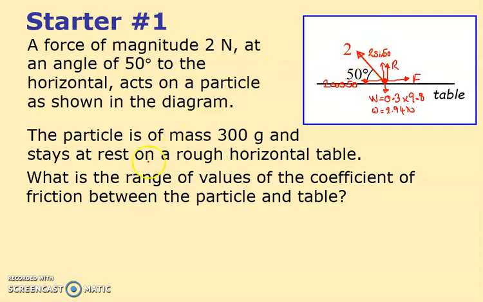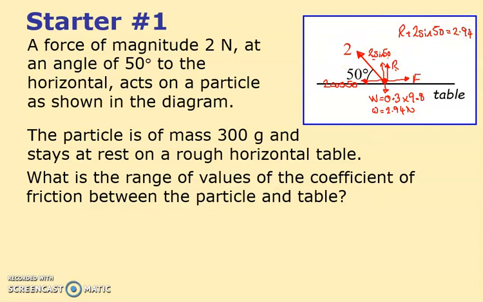So anyway, what are we doing? It's on a rough table, which I assumed. What's the range of values for the coefficient of friction? Well, first of all, I want to find R. R plus that 2 sine 50, they're the forces going up, you see. If I've resolved this 2, it's 2 sine 50 plus the R, and that's got to equal the W. So I know it's 2.94.